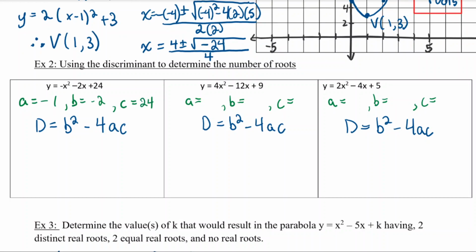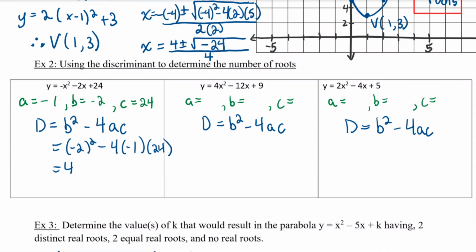All right, just input these values into the discriminant. We've got -2 squared minus 4 times -1 times 24, and that gives us 4, and -4 times 24 is 96.